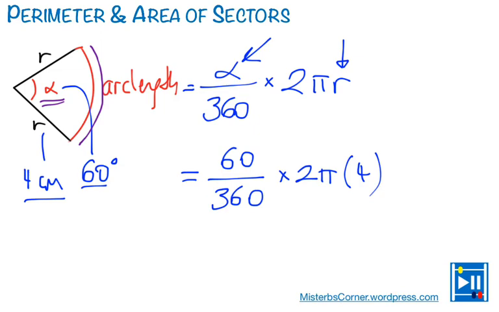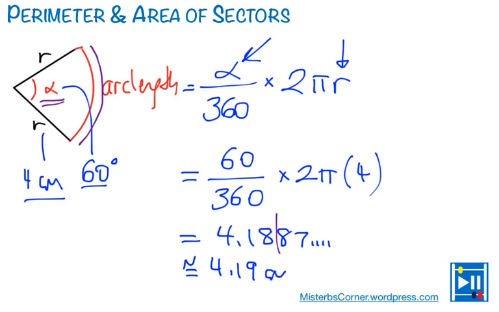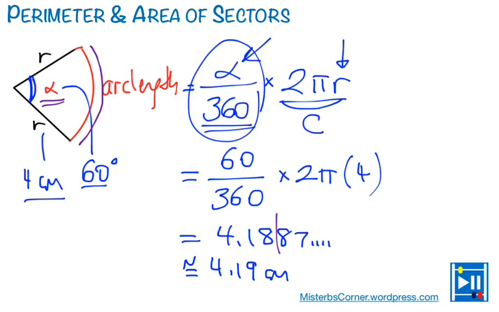So if I do the calculation, I can write all this into my calculator and get 4.1887, and it goes on like that, of course. If I write this to 3 significant figures, it's going to be approximately 4.19 centimeters. So this is how I find the arc length. I use this fraction, which is this angle given compared to the full circle, which is 360, multiplied by the circumference. So this is how I find the arc length.